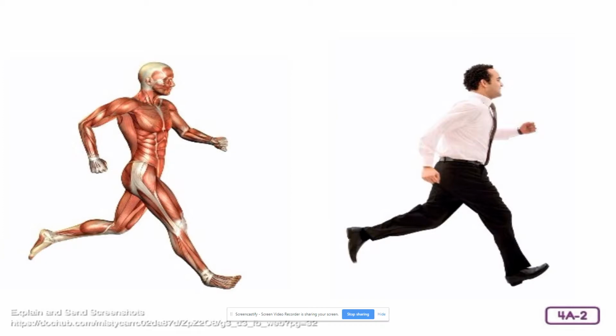So muscles are made up of those bundles of long, thin cells. And if you look at the picture, you can see how muscles have that long look to them, and that's because of the way that the muscle cells are put together, or how they are made.